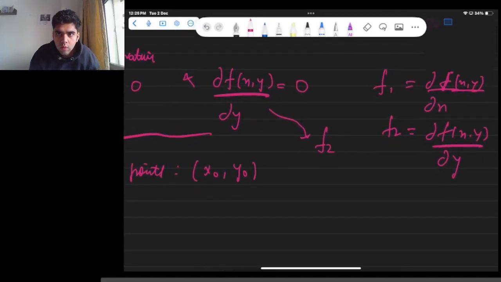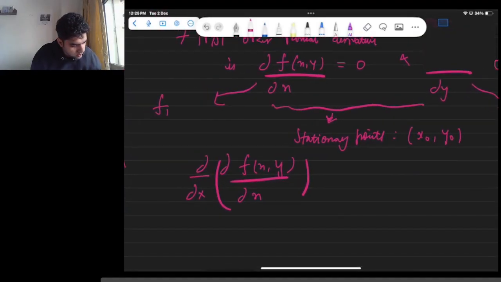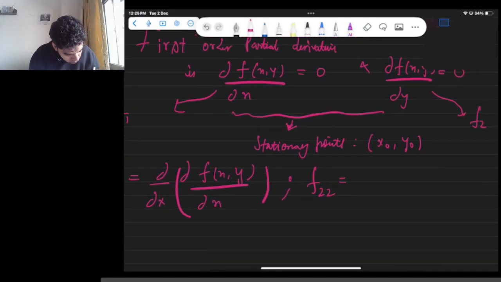So now this is f11. Why? Because this is d by dx of f1, right? So this is written as f of 1 comma 1. Now similarly I can write f of 2 comma 2, sorry, f22.